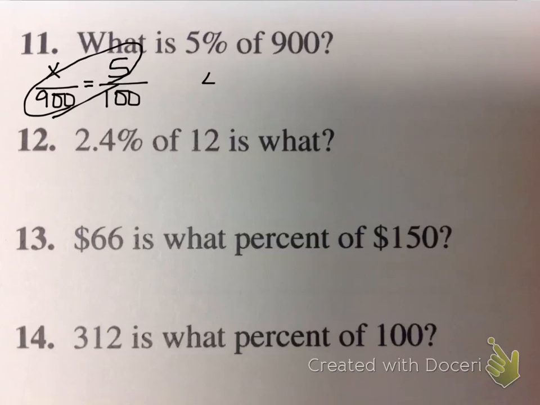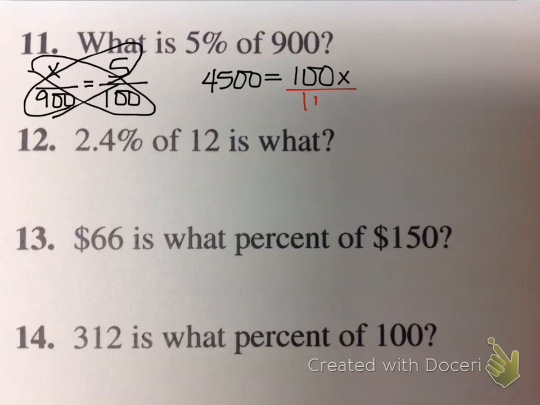So that's going to be 4,500 has to equal 100 times x. Now we solve our baby equation. We have to divide both sides by 100 because then my hundreds cancel and I'm left with just x on the right, and then 4,500 divided by 100 is 45.